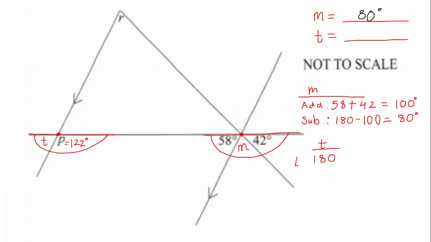So T is equal to 180 degrees minus what? Minus 122. Very good, 122. And so T is going to be equal to 180 minus 122. So we got 58. Very good. So T is equal to 58.